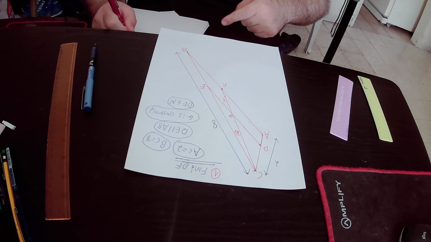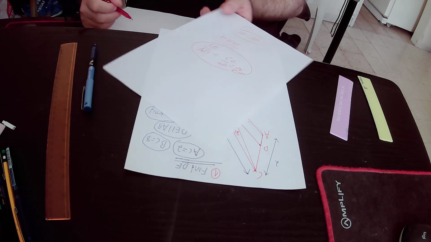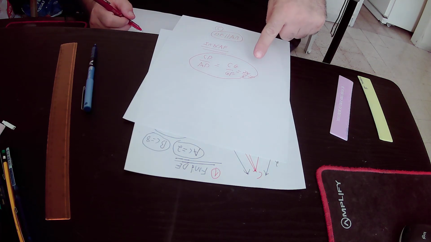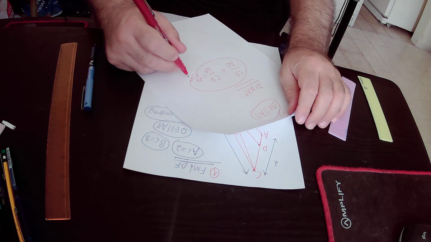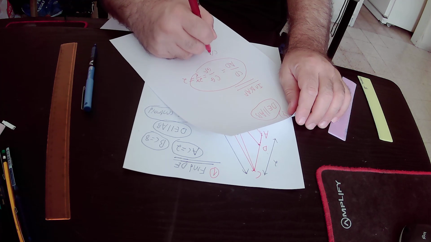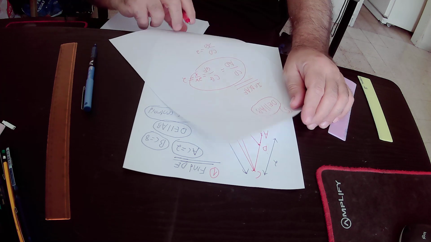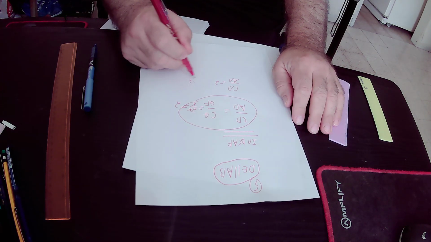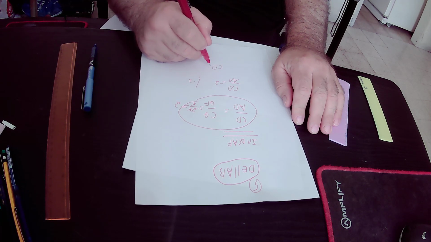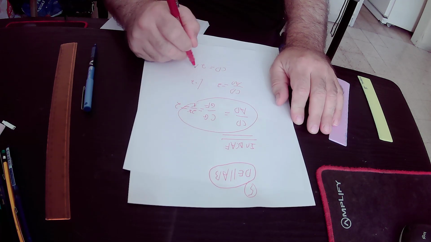So we have here CD over AD equals 2x over x. 2x over x is 2, because x over x is 1, so x gets cancelled, and we get that CD over AD equals 2. And if we multiply this equality by AD, we get that CD equals 2 times AD.